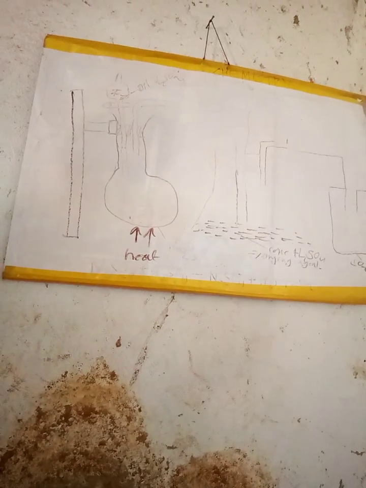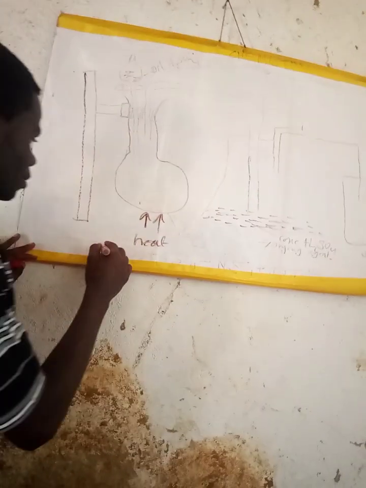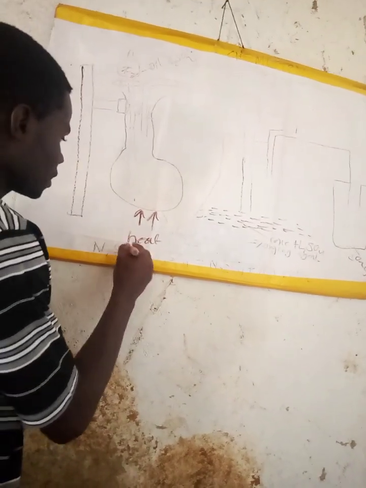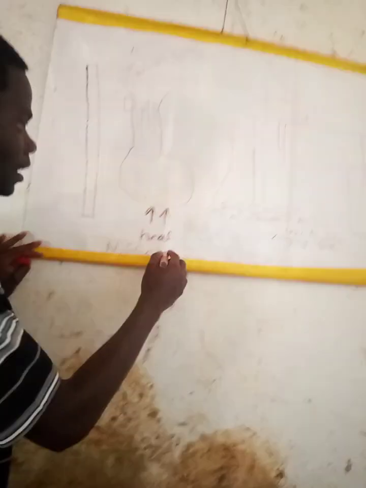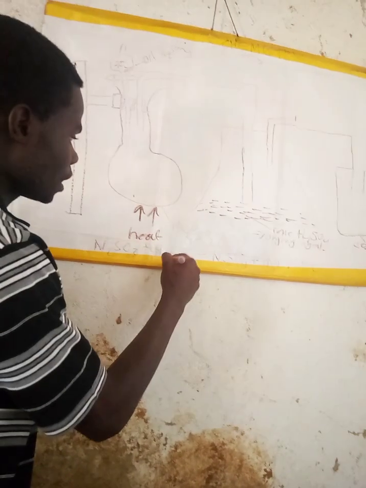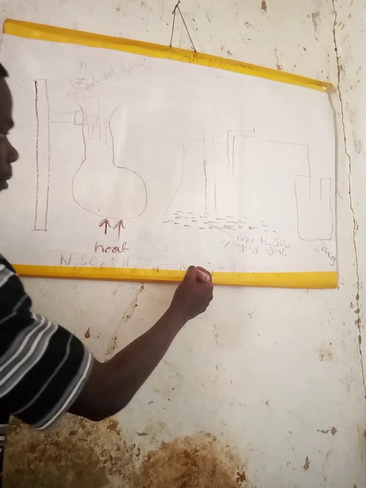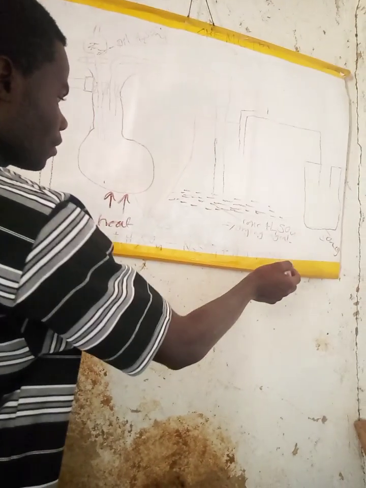When you are asked to write the equation that is going to take place, here is the equation. We write the equation between sodium sulfite plus dilute sulfuric acid to get sodium sulfate plus water plus sulfur oxide.